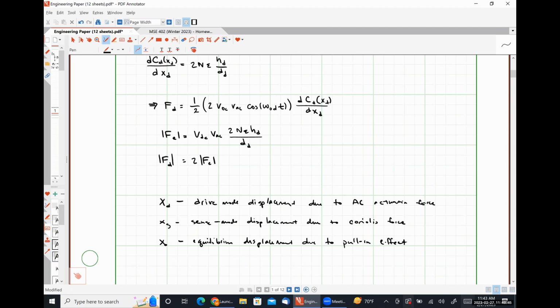And then figure out what sense mode displacement gives you, or sense mode displacement plus the pull-in displacement that we already have observed, that causes the plates to collapse.